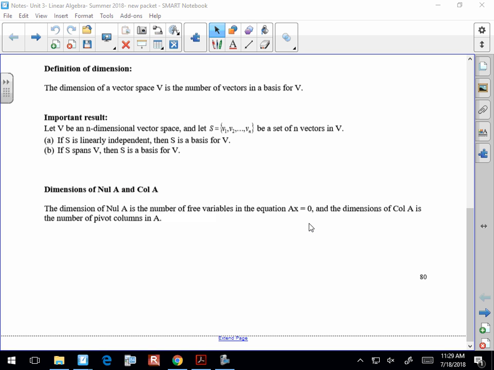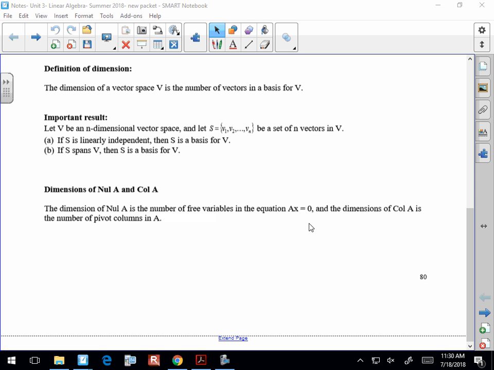When you have vectors within your matrix, some of them take on the role of the basis of the column space, and some of them are free variables, or they're not necessarily required in order to span the vector space. So if that's the case, why would we count them towards the dimension of the actual vector space?